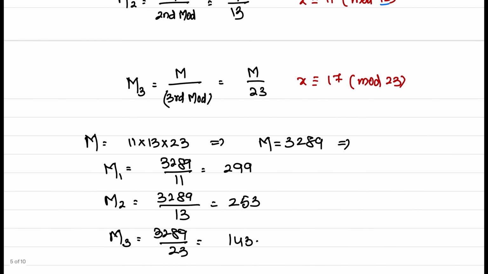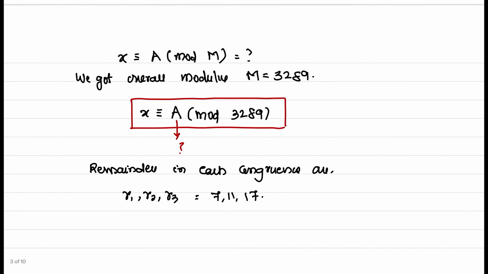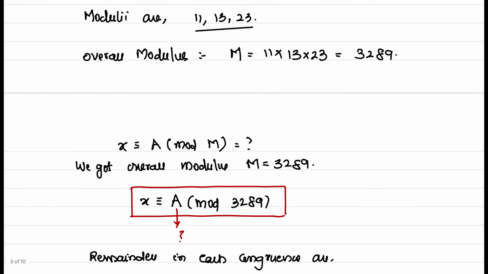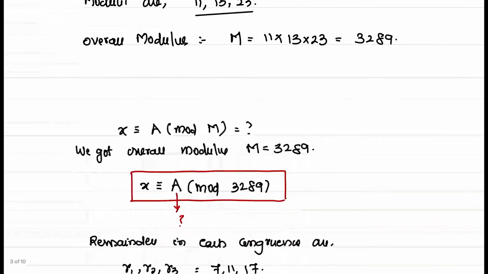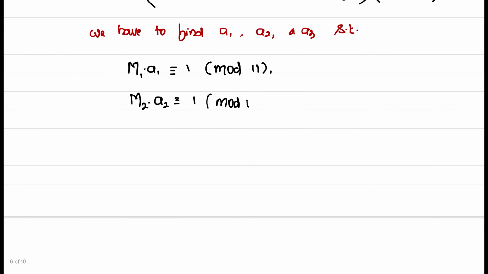What is the second mod? Second mod is 13. M3 A3 equivalent to 1 mod 23.